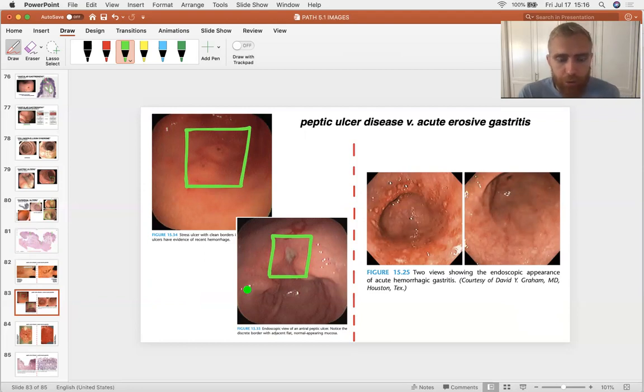Again, it's got a discrete border, and that white, yellow, tan pustular color to it. Versus a hemorrhagic gastritis, this stomach on the left here is kind of orange red, like it's been irritated, and you can see some mucosal bleeding going on inside of it.